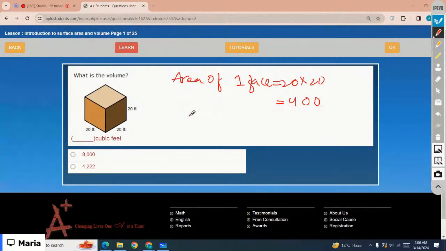So the area of 6 faces is... hold on, I think volume, sorry, you don't have to calculate the area.